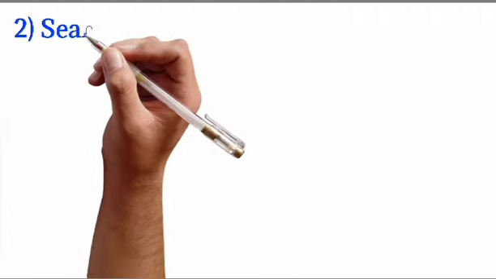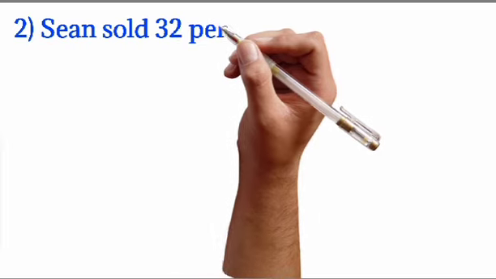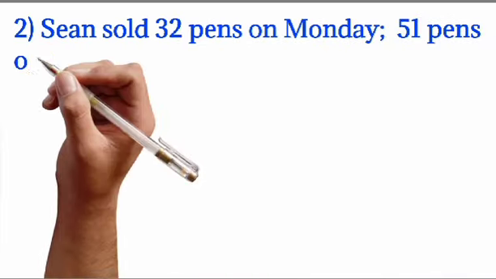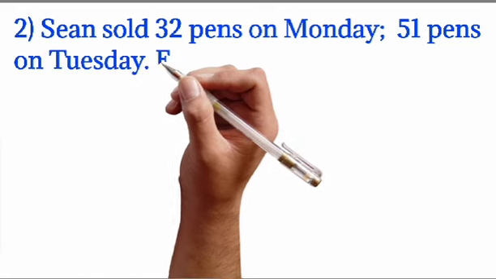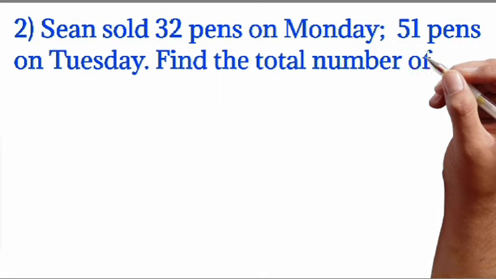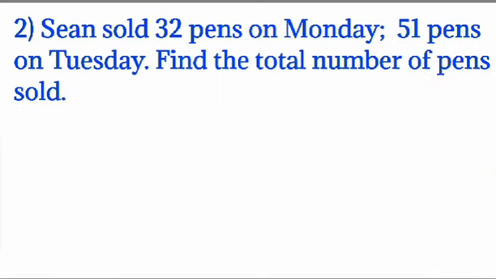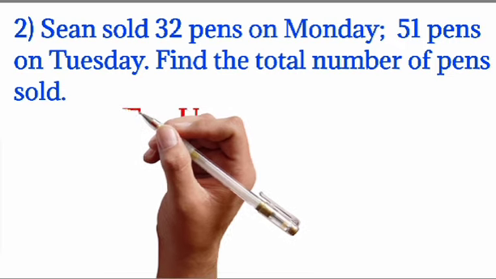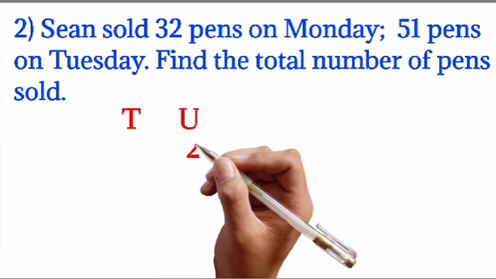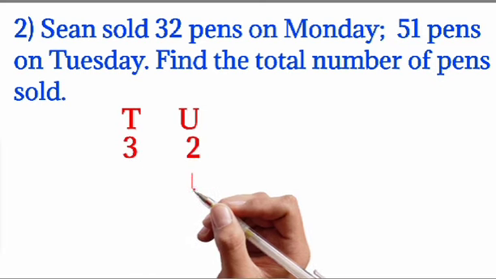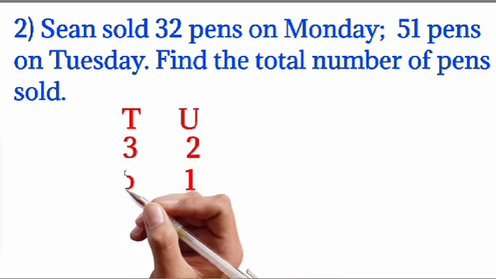Sean sold 32 pence on Monday, 51 pence on Tuesday. Find the total number of pence sold. Your arrangement starts with your units, your tens. 2 is under your units, 3 is under your tens, 1 is under your units, and 5 is under your tens.